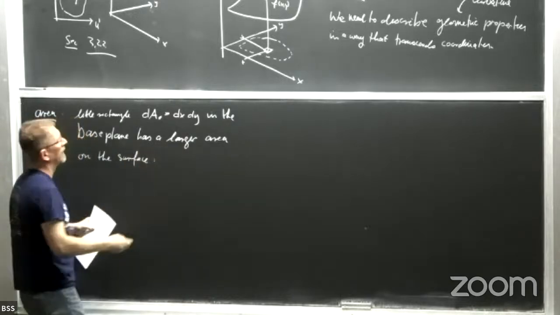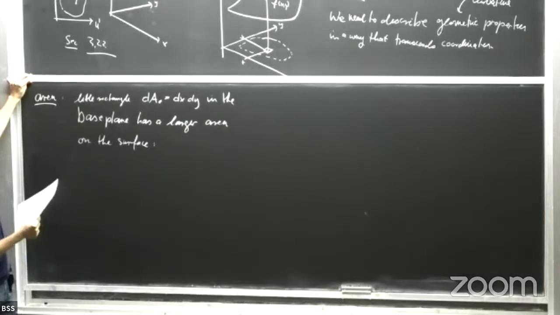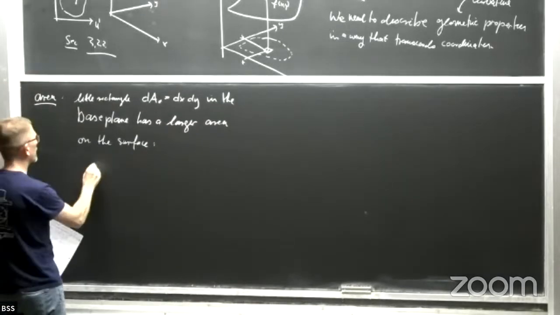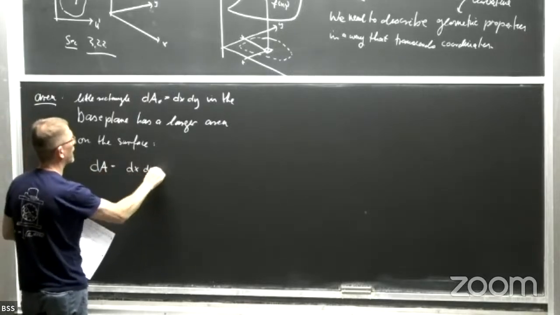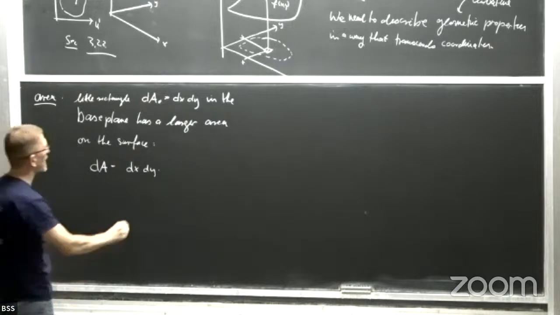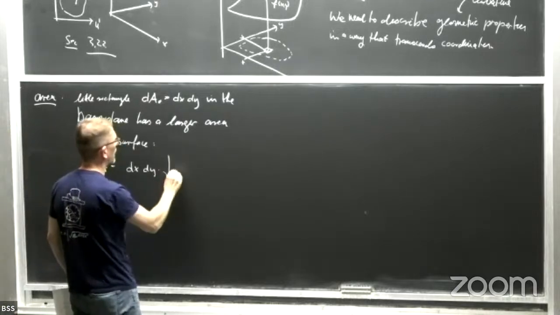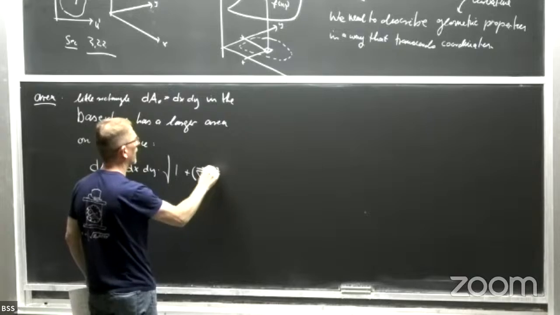What is it? And that larger area turns out to be, I'm just going to write it down and say a few words about it. That area turns out to be, dA is just dx dy times a factor that is going to make it larger. And that factor turns out to be, in Monge gauge, the square root of 1 plus the gradient of your function at that point, squared.